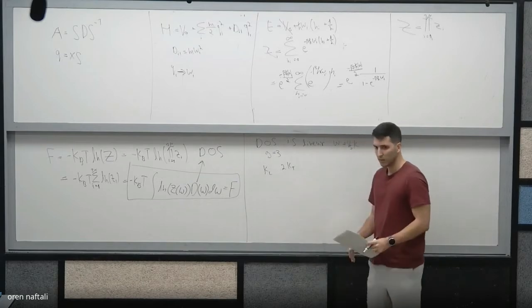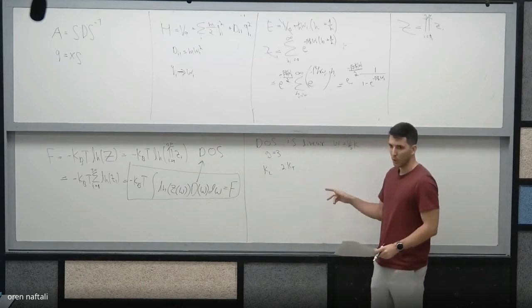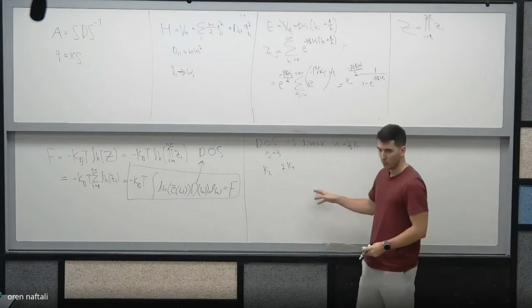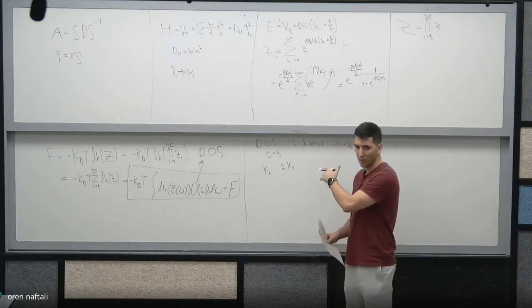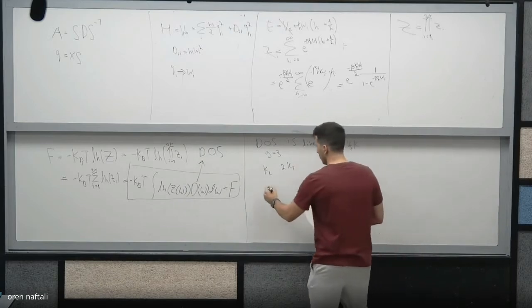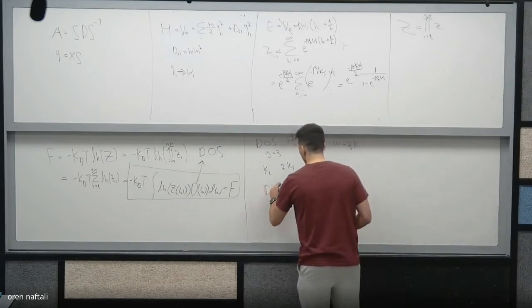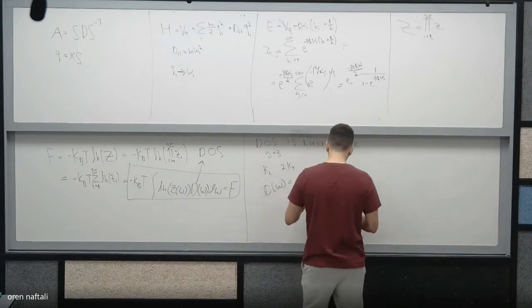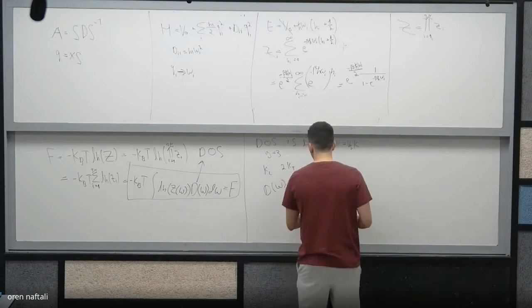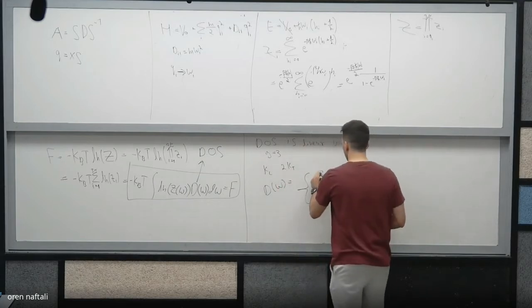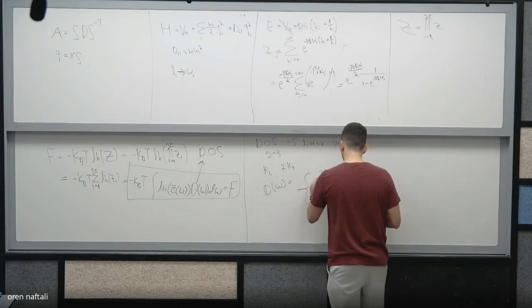I think you calculated this. If I have time and you don't know how to get to the expression that I will write now, I am willing to derive it later. But the density of states is just going to be 3V omega squared over 2 pi squared times the speed of sound cubed.